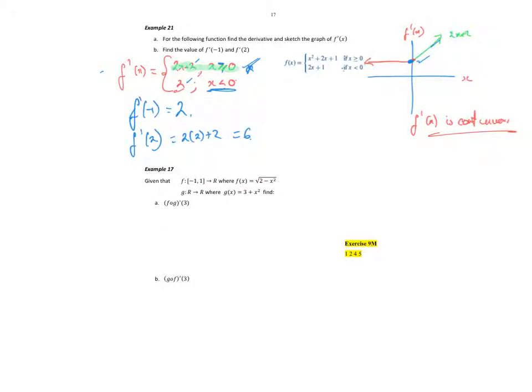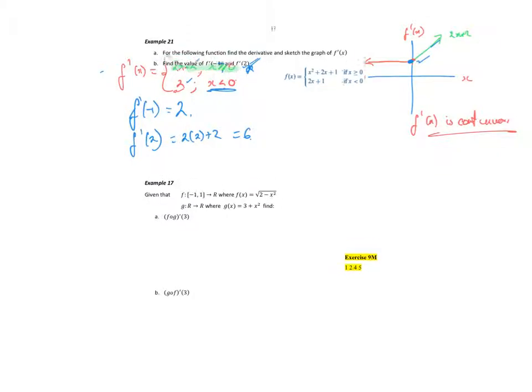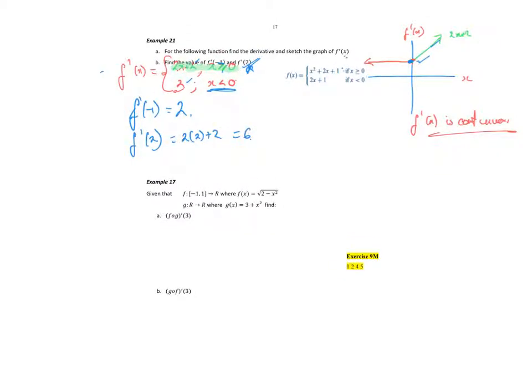What's example 17 talking about? Before we try and differentiate, let's have a think about whether the function's defined. So what is g of x? Don't forget we were trying to work out f of g of x. So g of 3 is equal to 3 plus 3 squared, which is equal to 12.